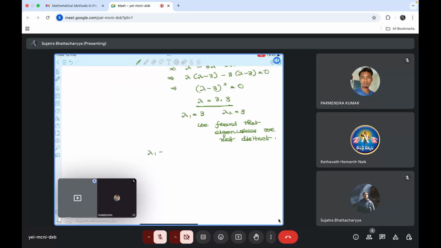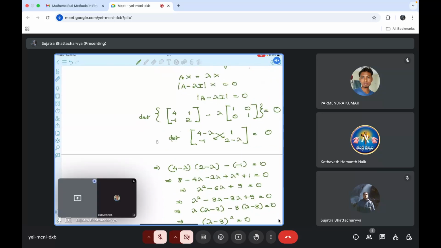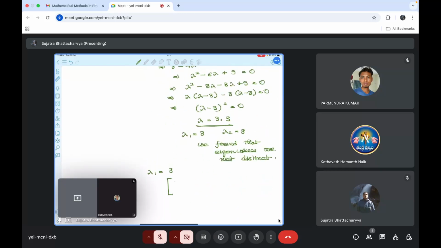So let's take lambda 1 is equal to 3 and see how to calculate the eigenvectors. So take this one. Okay, so 4 minus 3, this is 1, this is minus 1, and 2 minus 3.